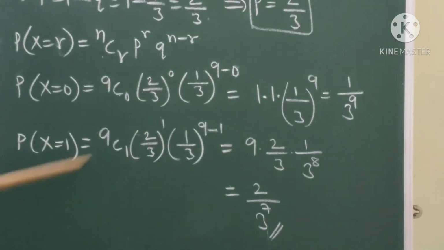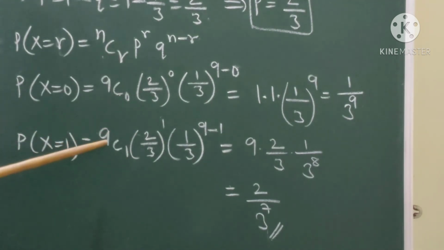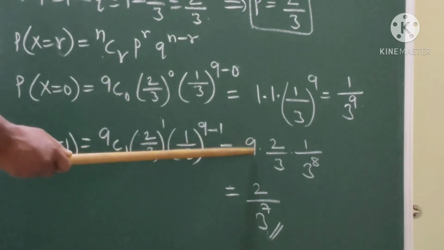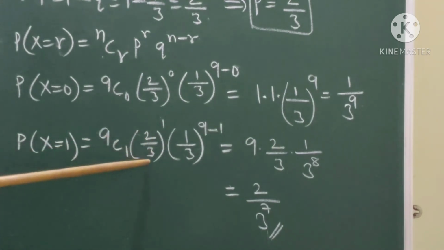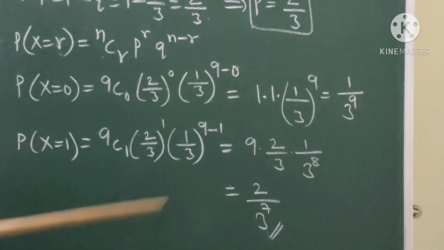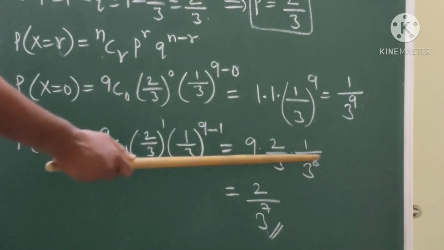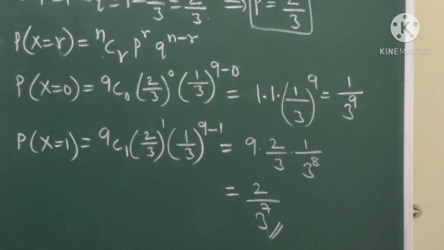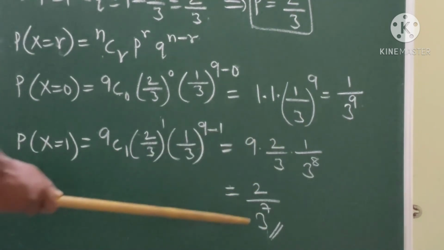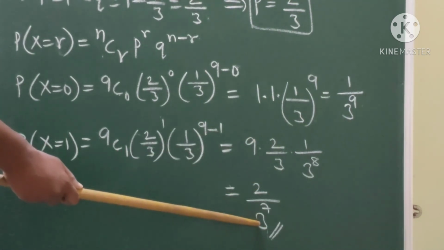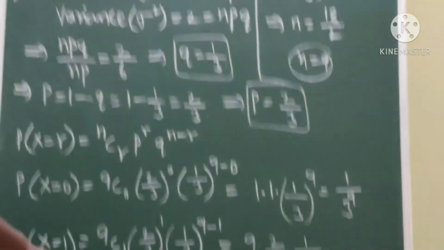By simplifying, what is the 9C1 value? 9. 2 by 3 whole power 1 is 2 by 3. 1 by 3 whole power 9 minus 1 is 1 by 3 power 8. By simplifying this, we get 2 by 3 power 7, and this is the second term of the binomial distribution.